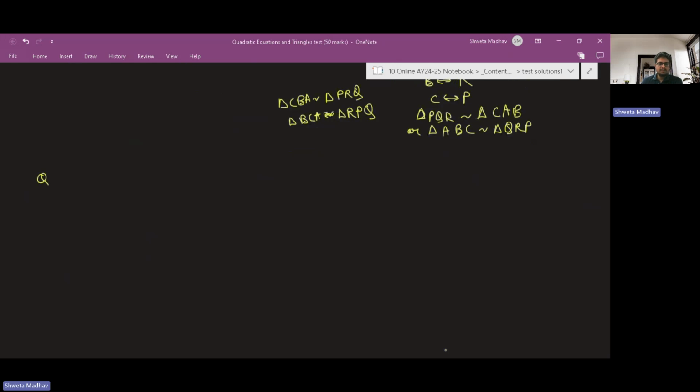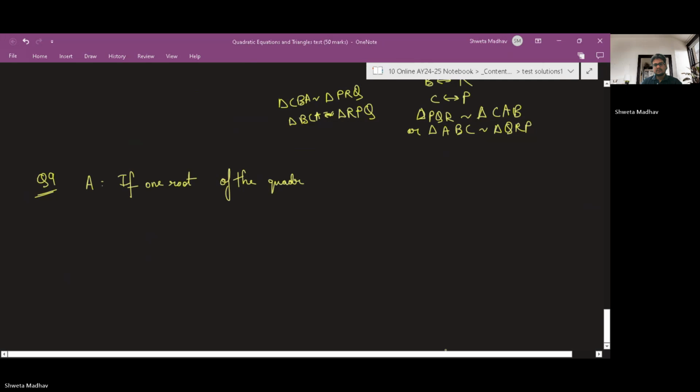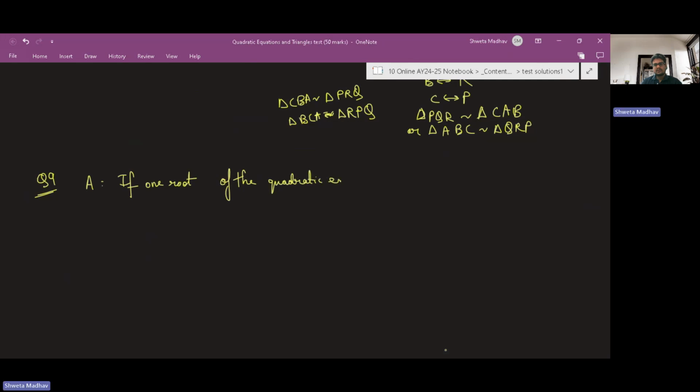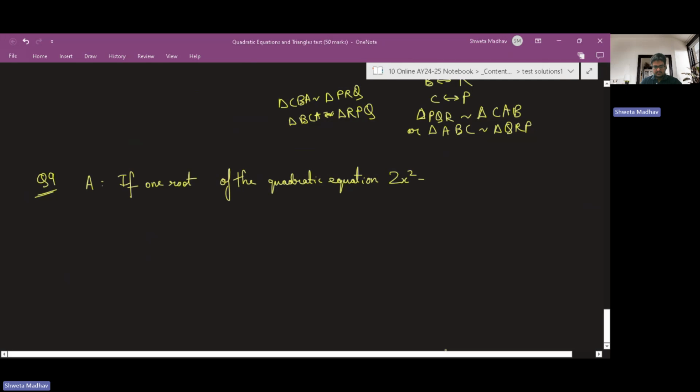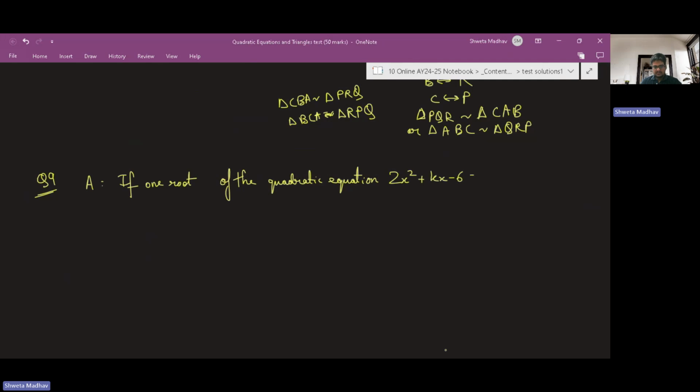Then in question number 9, it is assertion and reason based. In the assertion, it is told that if one root of the quadratic equation 2x squared plus kx minus 6 equal to 0 is 2, then k is minus 1.